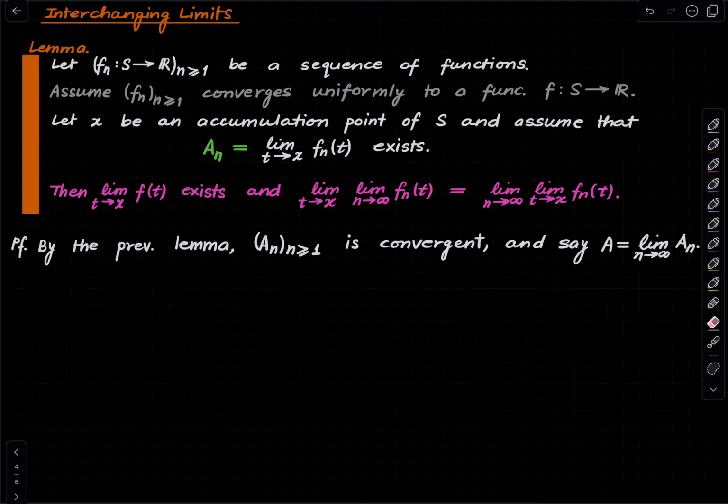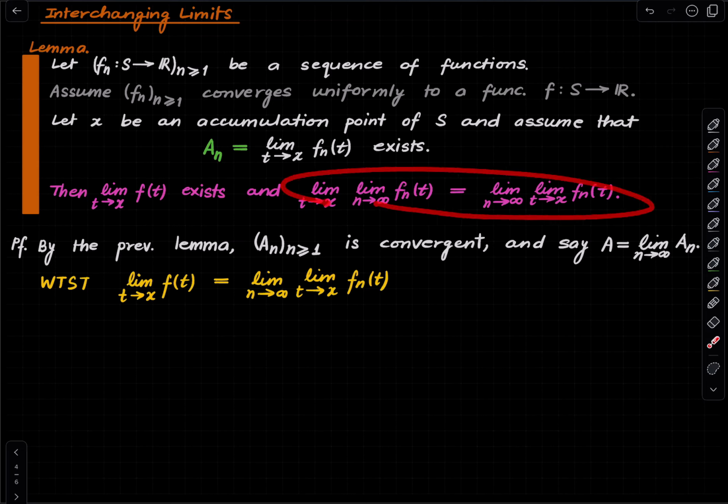We want to show that the limit as t tends to x of f(t) is the limit as n tends to infinity of a_n. Right? That's exactly our aim. That's exactly the statement that we want to prove.